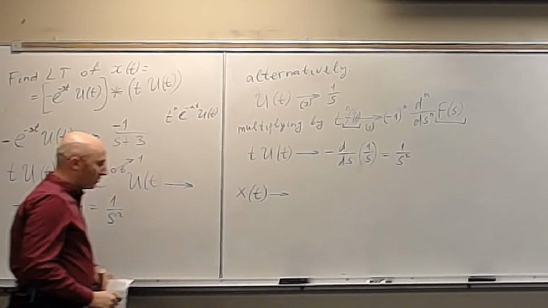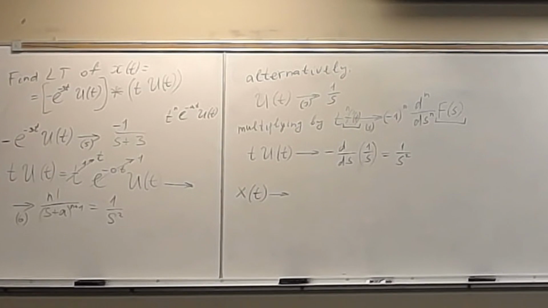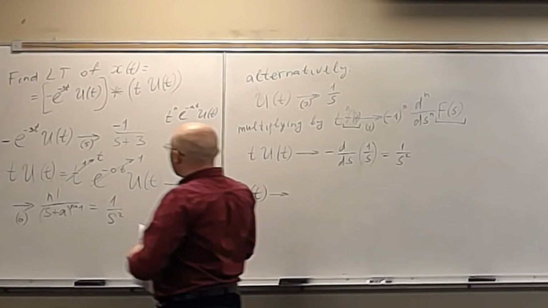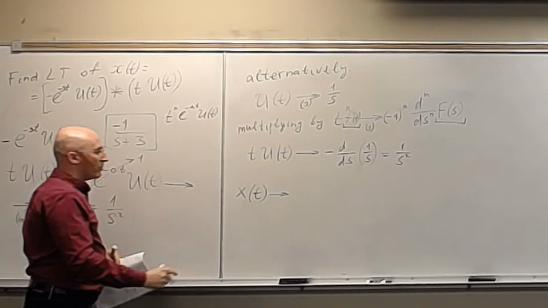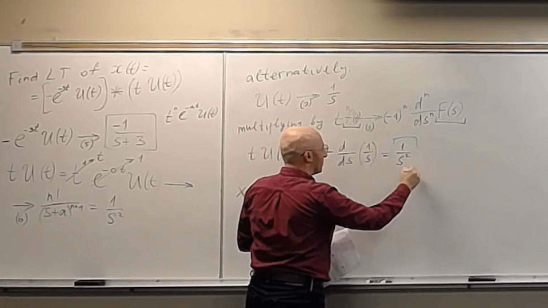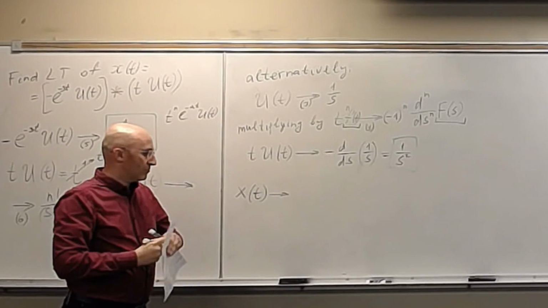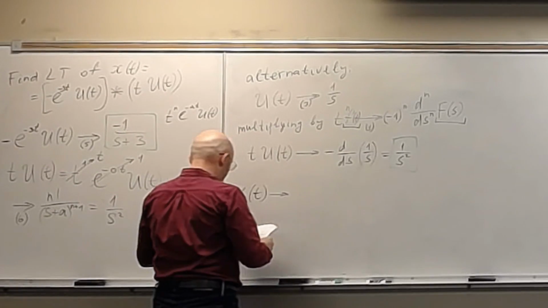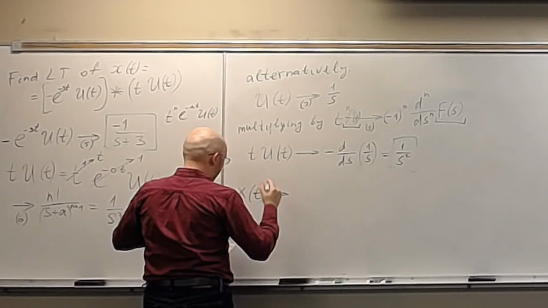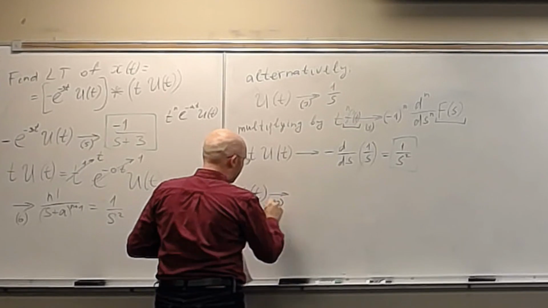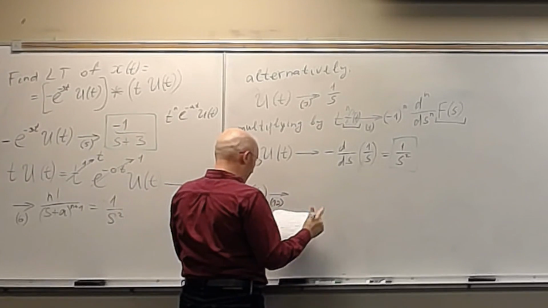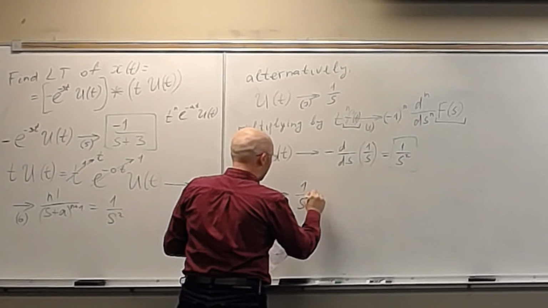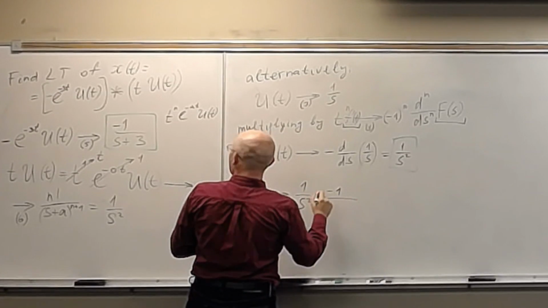We have two parts here, 1 over s squared and 1 over s plus 3. You just multiply them. The convolution property is property 12 in the table. You just multiply those, and you get the result, times minus 1, that's plus 3.